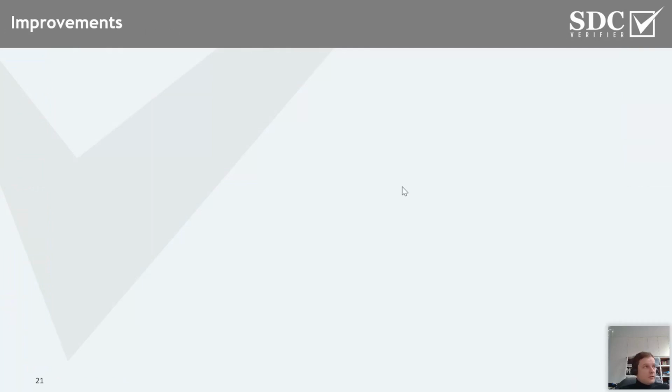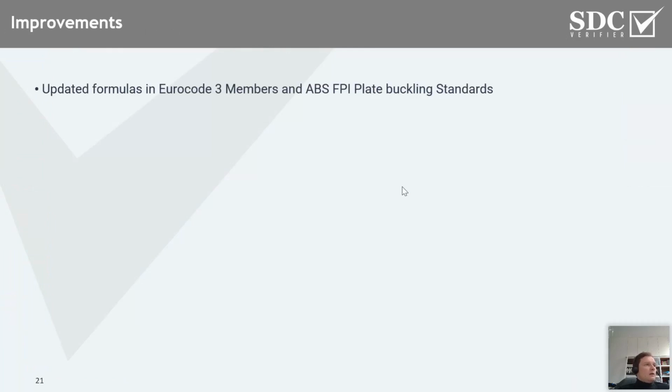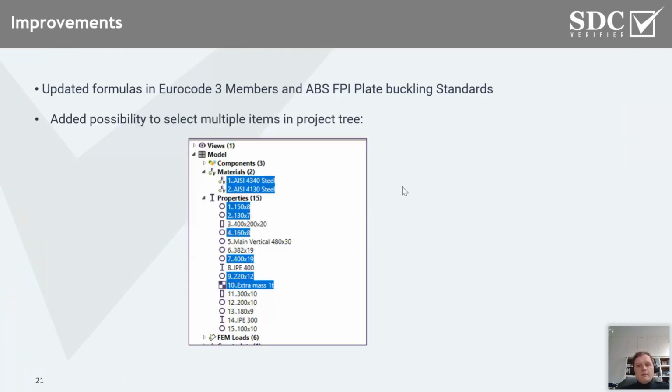Let's go through further improvements and extra additions to the software. Some improvements in formulas for the Eurocode3 member check and the American Bureau of Shipping floating production installations plate buckling standard have been done. Also, we have added the possibility of multi-select in the project tree of SDC Verifier.